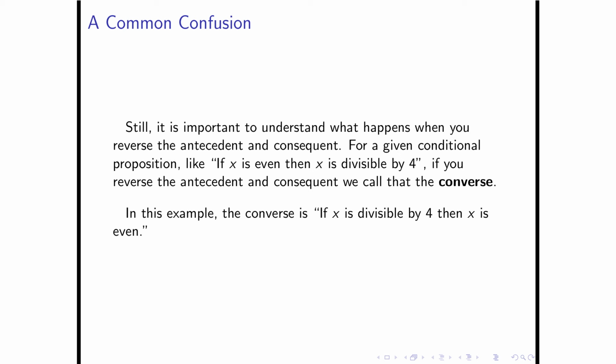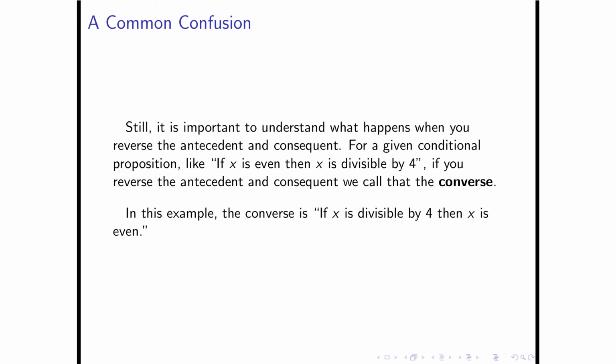And it doesn't have to be. We've seen examples where in one direction it says one thing, in the other direction it says another thing, but there are lots and lots of cases where both directions are true. And so for that reason, we want to study what happens when you take a given conditional and flip its direction.